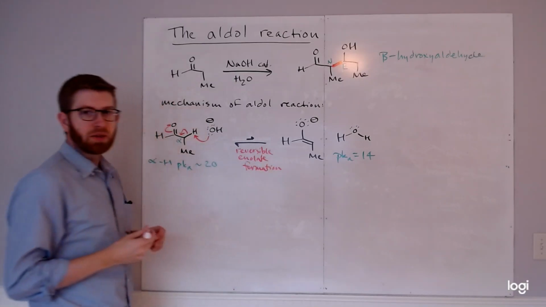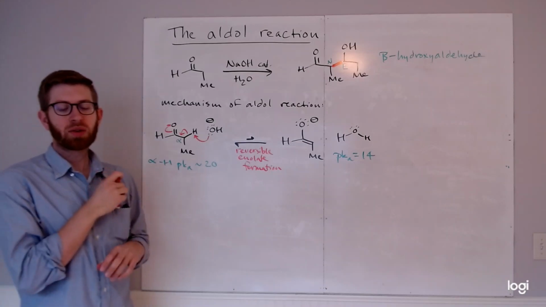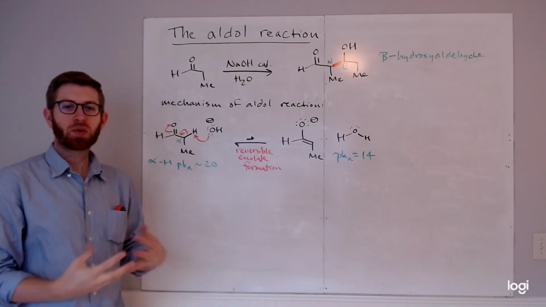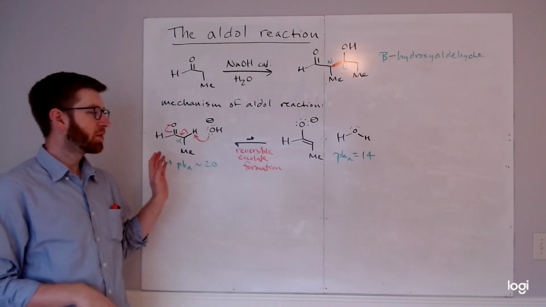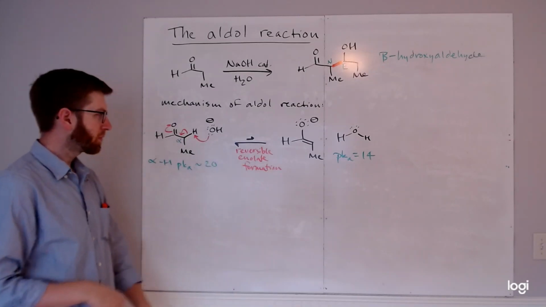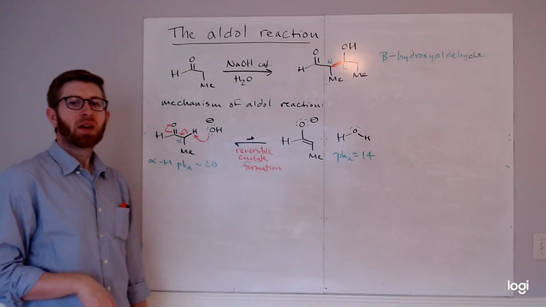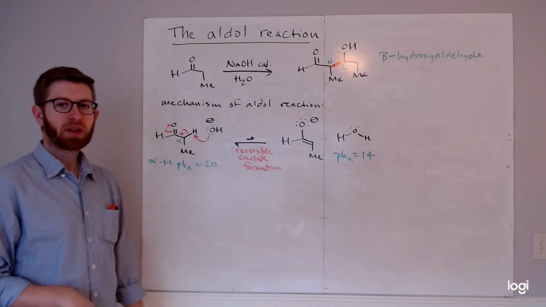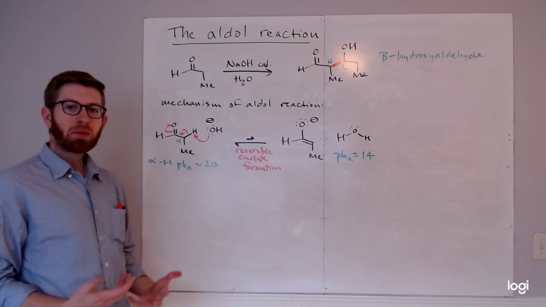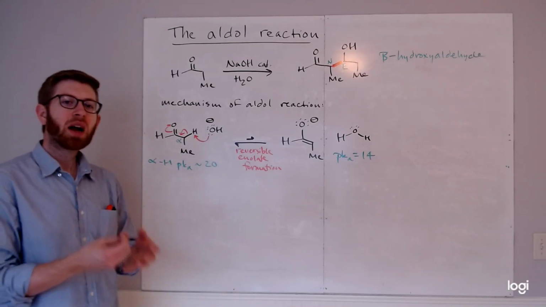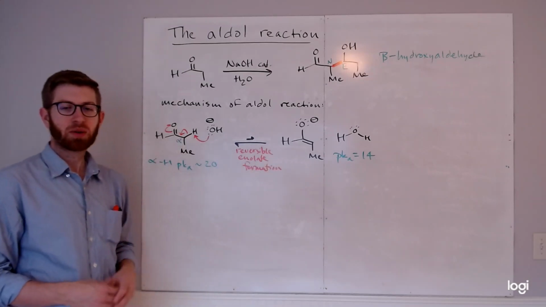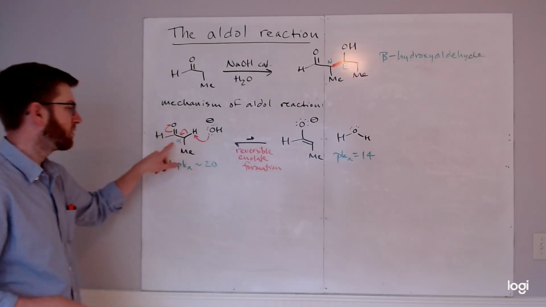This is very different from what we were doing with LDA or sodium hydride, where we were using a base that was so strong, we were essentially pushing this equilibrium all the way to the right. So what that means is that as this first step happens, we have many, many molecules of our aldehyde and a tiny amount of enolate present, right? So a very small amount of enolate relative to aldehyde.